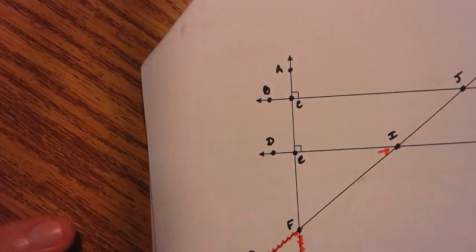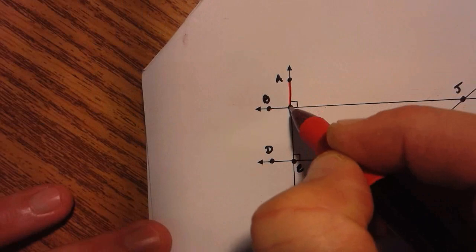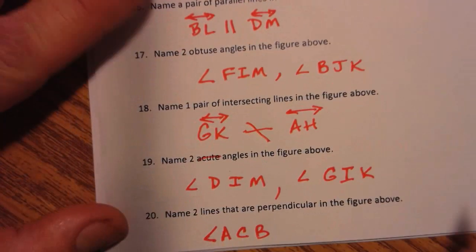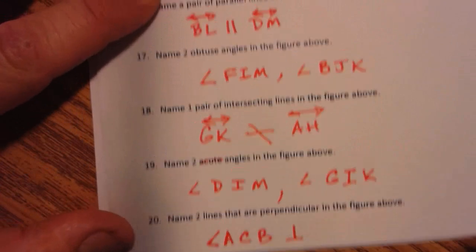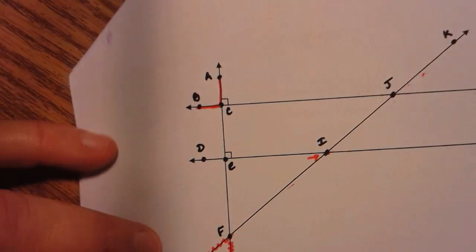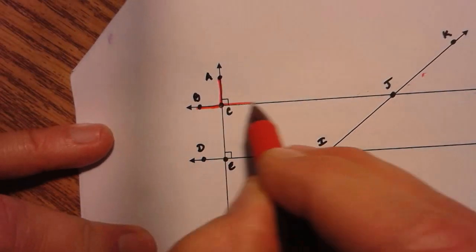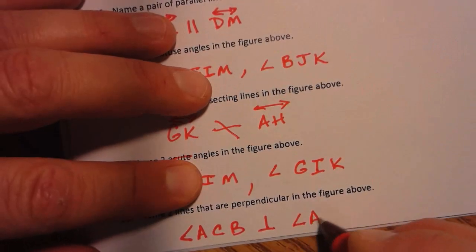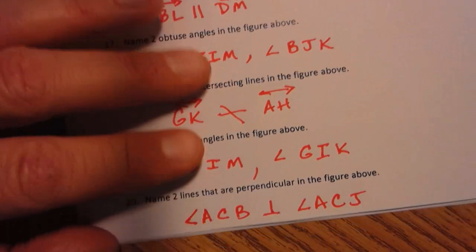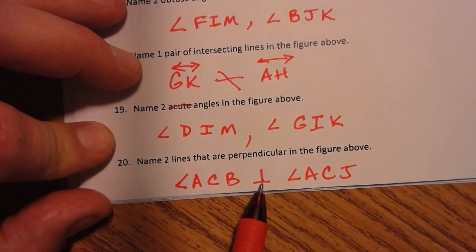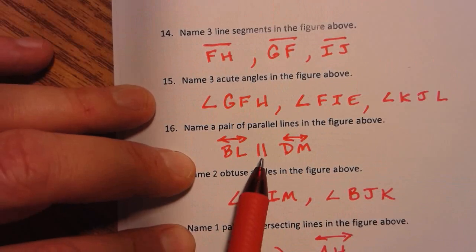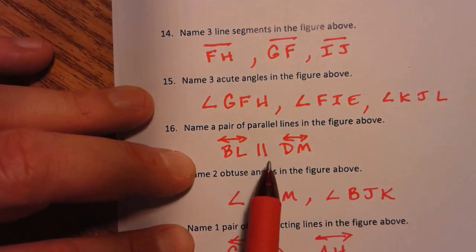If you notice this angle right here, angle ACB, that angle is perpendicular to this angle, ACL or J, it doesn't matter. So angle ACJ. And again, the symbol for perpendicular is like the upside down T, and the symbol for parallel is the two vertical bars that are parallel.